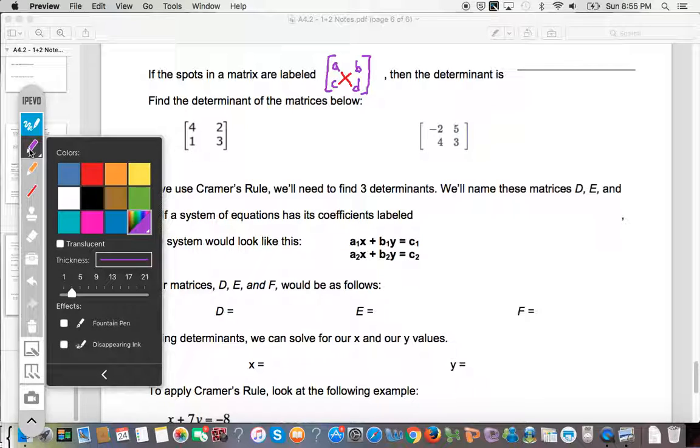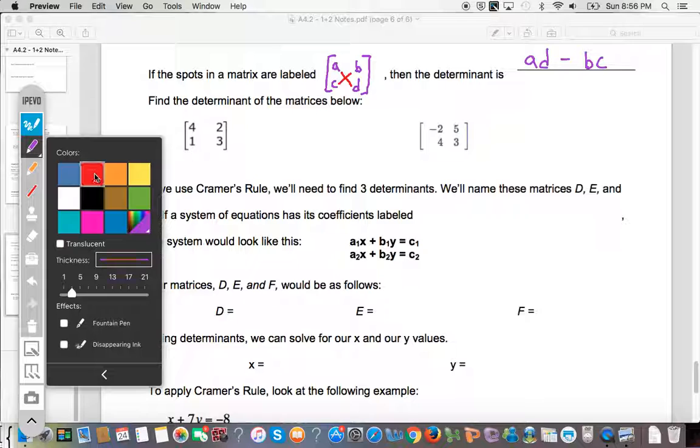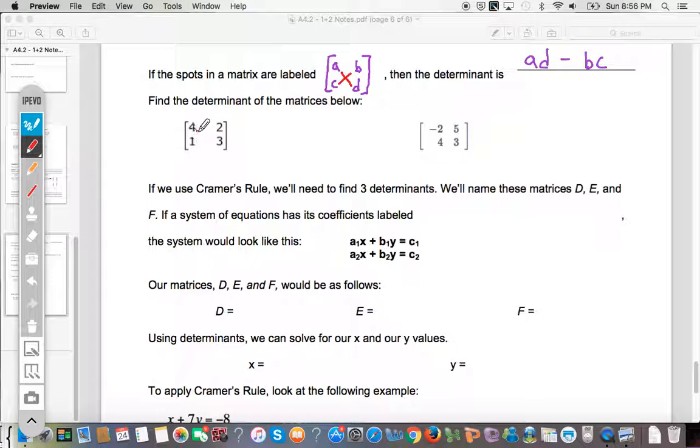We have the determinant equaling A times D minus B times C. Okay? So if we're finding the determinant of these matrices below, again, let me rewrite this, AD minus BC.